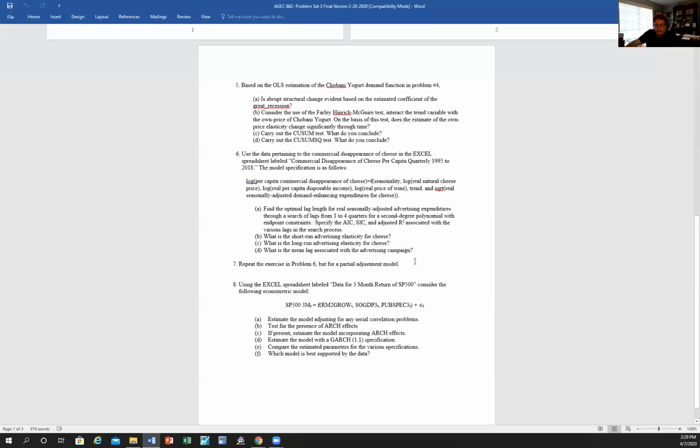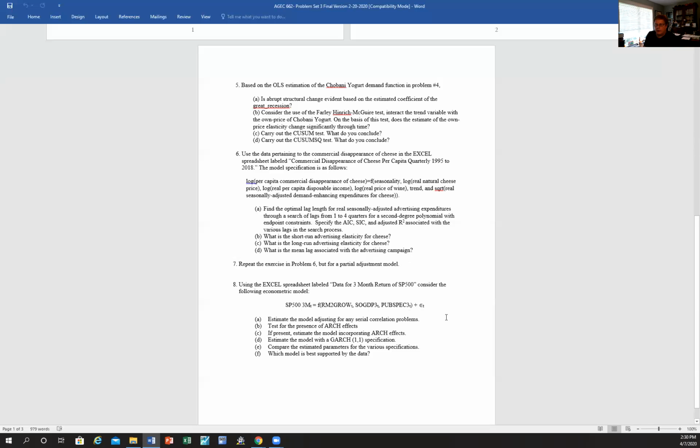And I believe the correct answer was 5 based on the table that we developed whenever we were talking about the partial adjustment model. So my friends, go back and review your notes concerning the partial adjustment model. All you have to do is to add as an additional explanatory variable a 1-period lag of the dependent variable.